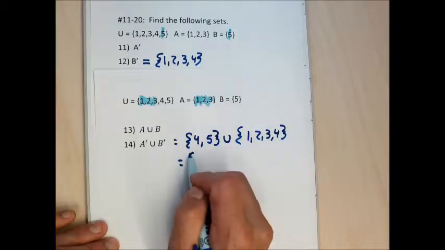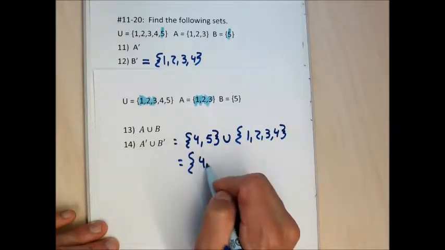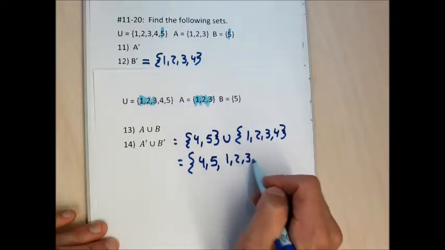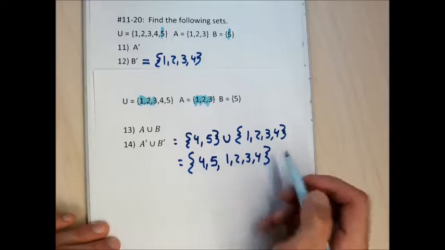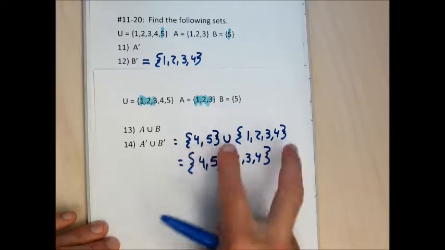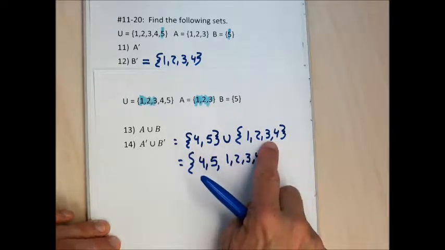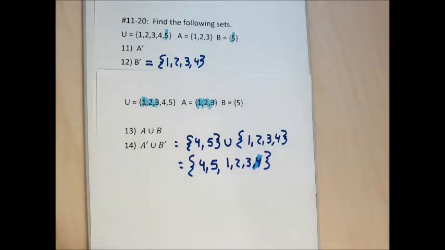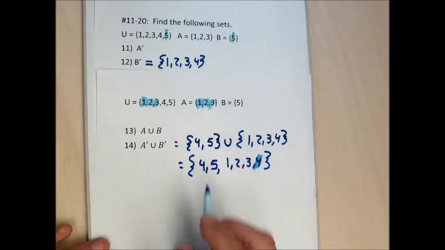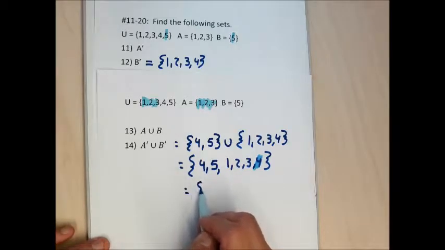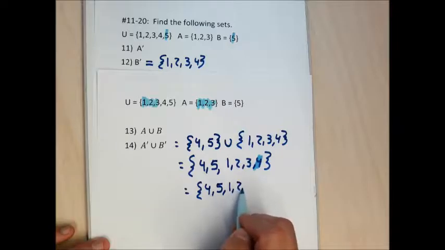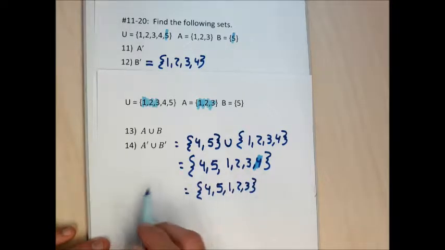And now I'm going to union these two sets by taking all the elements in the left set followed by all the elements in the right set. So I made a set that had 6 elements, the 2 from the first set, the 4 from the second set. If anything's written twice, I want to count out one of them and only write it once. So my answer, or an OK answer, would be the set containing 4, 5, 1, 2, and 3 for number 14.